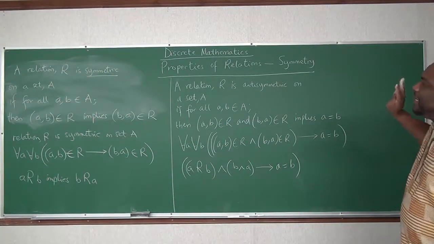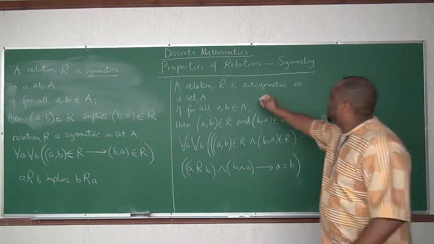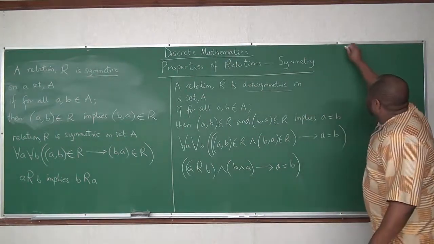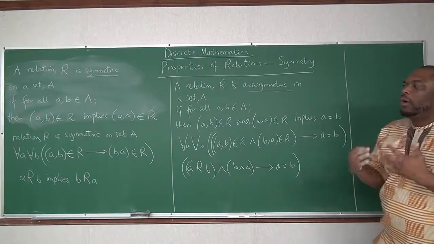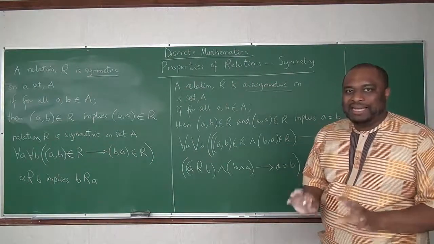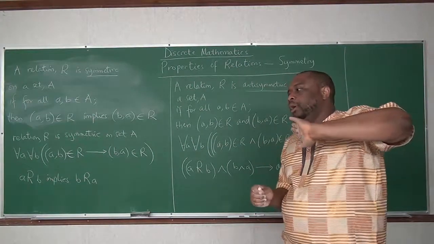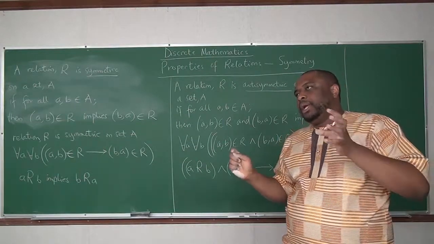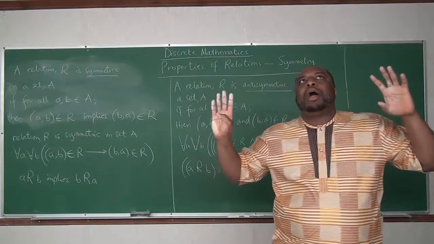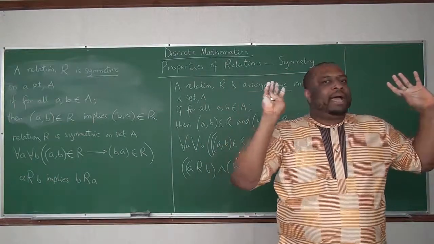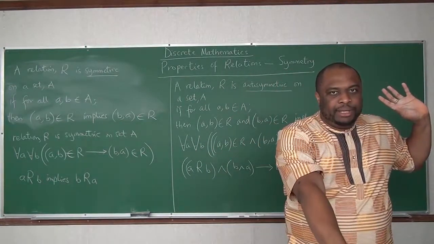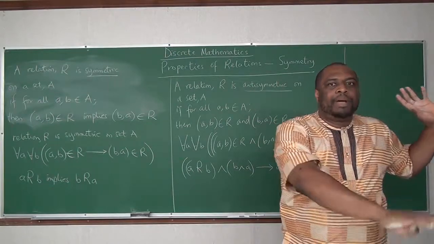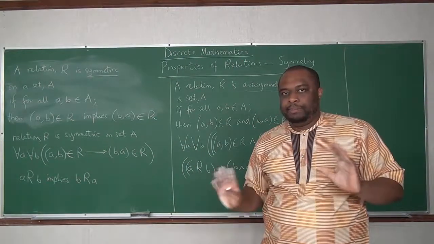So that is symmetric. This is antisymmetric. Now, what is asymmetric? With asymmetric, it goes like this. Whenever we have A relation B, but we don't have B relation A, period.